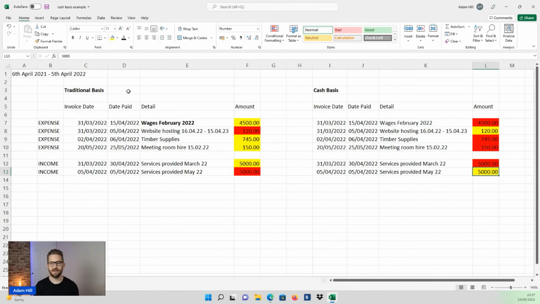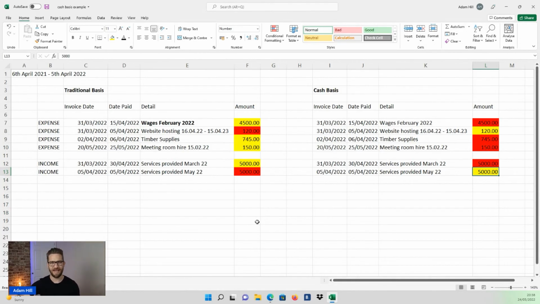So you can see that there's a big difference between the way you account for income and expenses under the traditional basis and how you account for them under the cash basis. And the idea is that there are a lot of benefits for sole traders, for small self-employed individuals. It means, first of all, you only pay tax on income that you've actually received, which is much better for your cash flow.